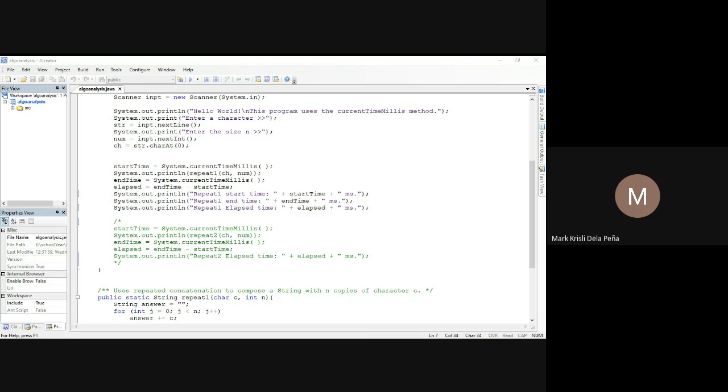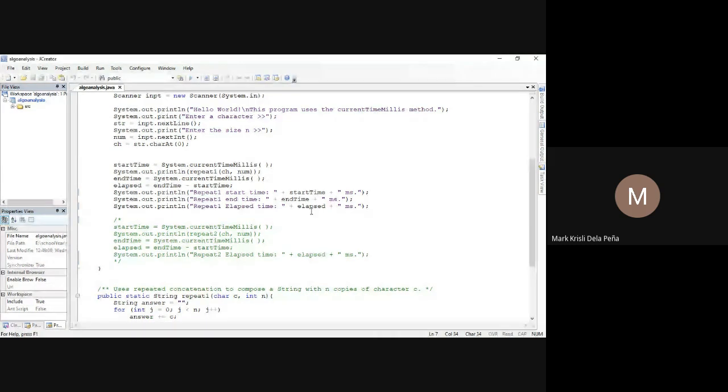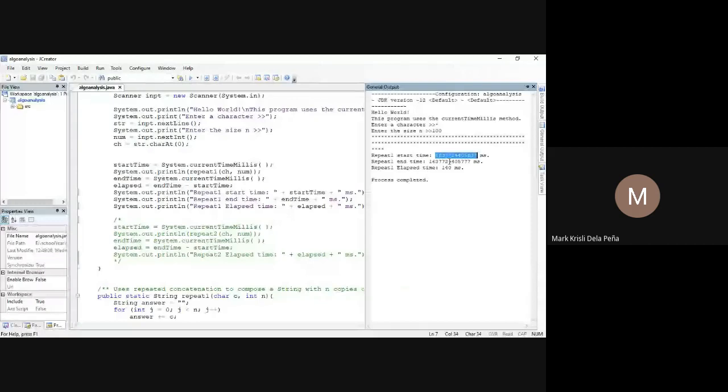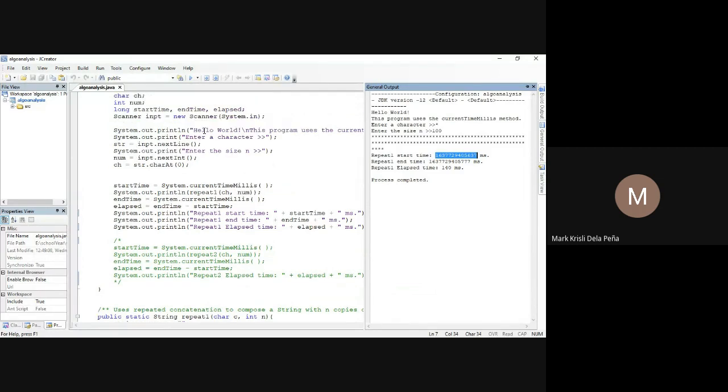Okay, that's January 1, 1970. Where's the output? Yeah. So here you have a very big value, and that is why we use the long data type.